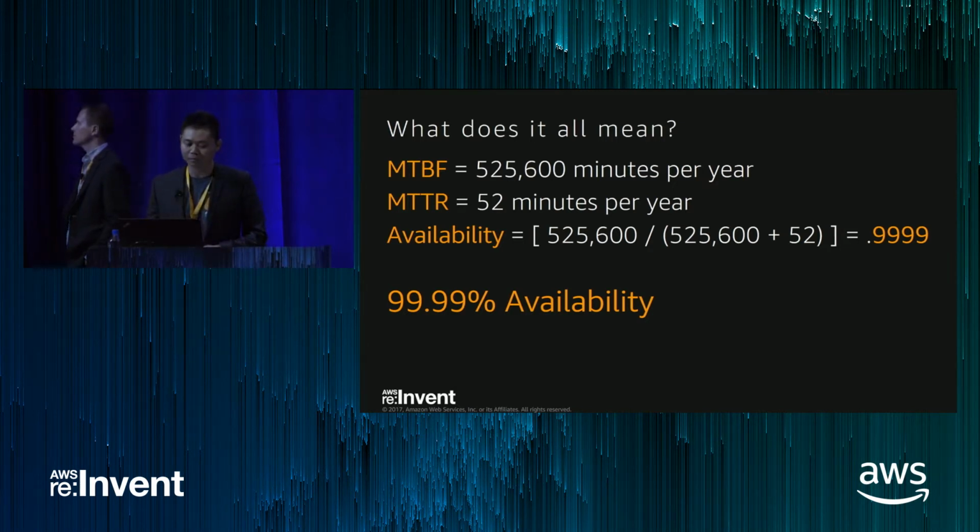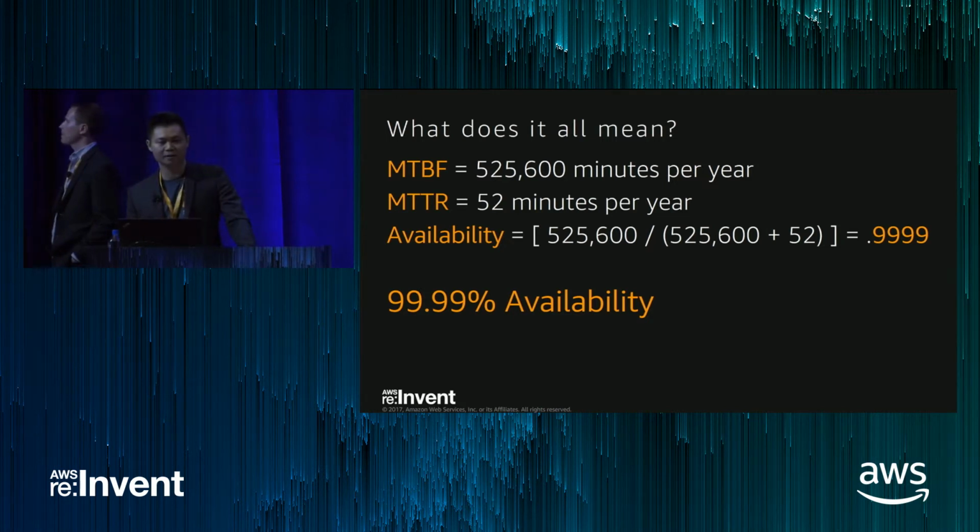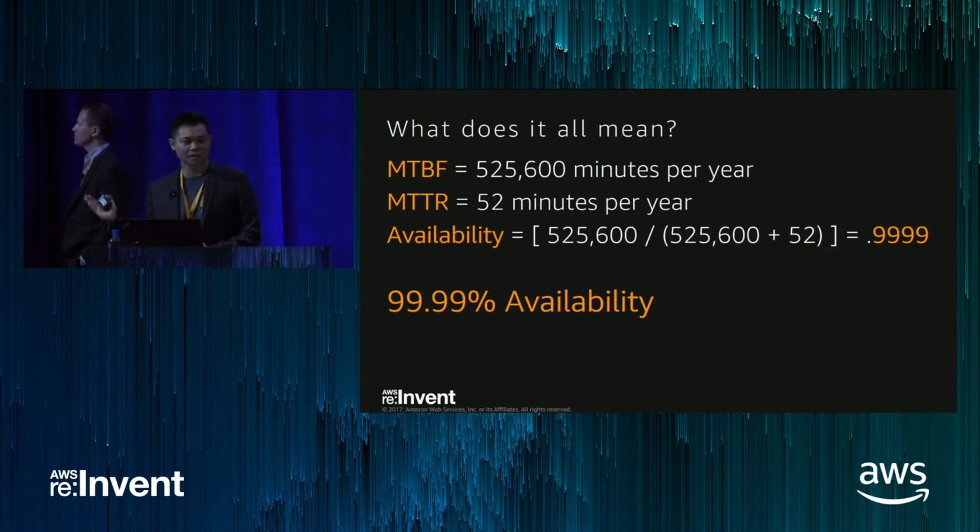Since Brian told us the reasons why failures are inevitable, what component of this formula should we be focusing on to increase our availability? The only thing we can really focus on is how fast we can recover from a failure, that MTTR component.